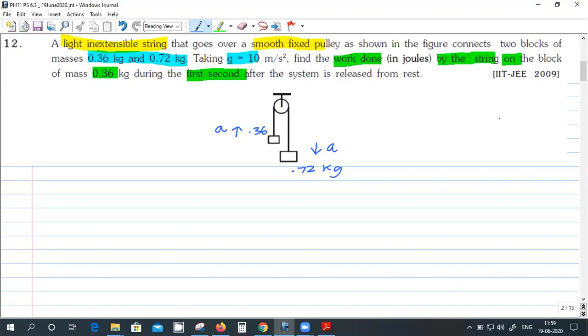Another thing is you can find the acceleration. Okay, initial velocity is 0, right? And you can find the velocity at 1 second. So the gain in kinetic energy is the work done on the mass, right? Velocity at 1 second you can find once you find the acceleration. So you have to find the acceleration.